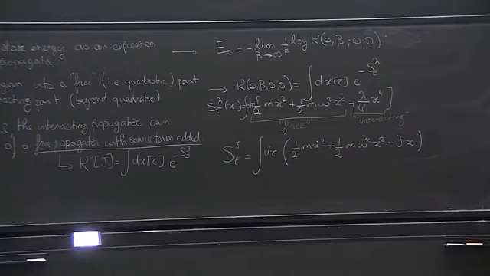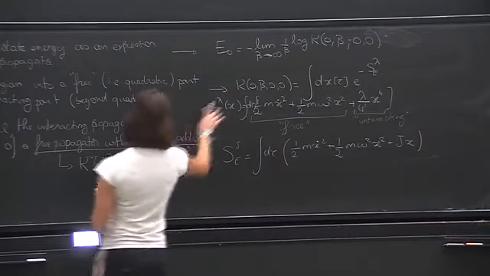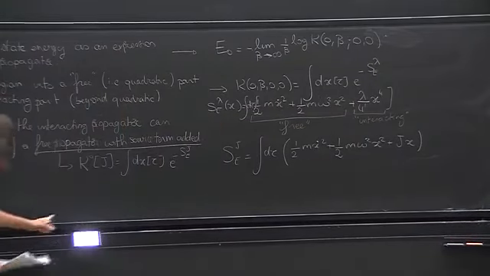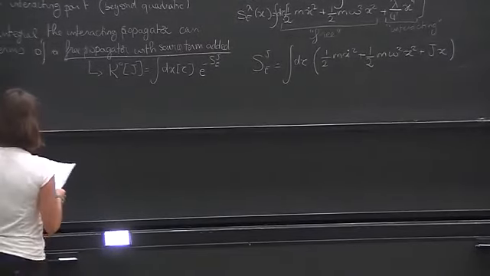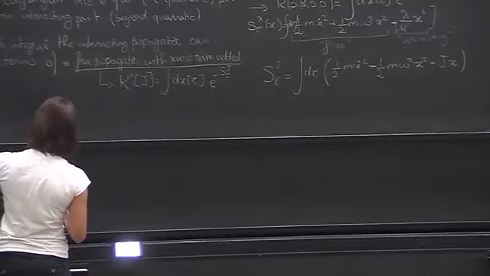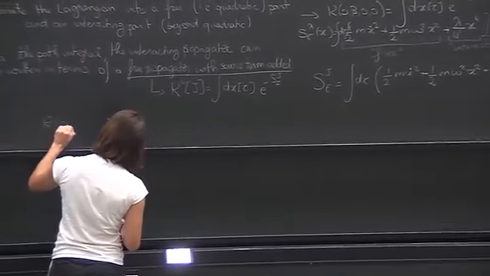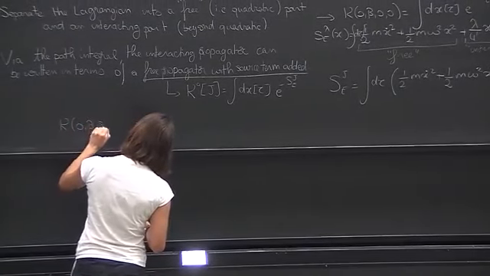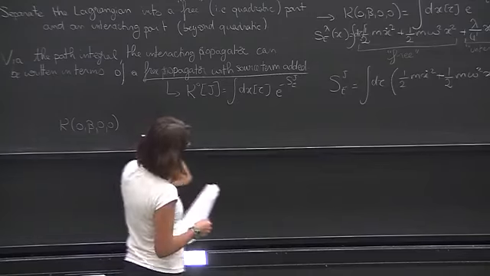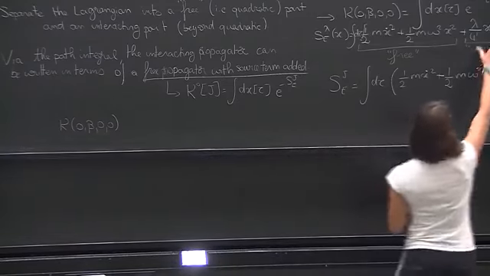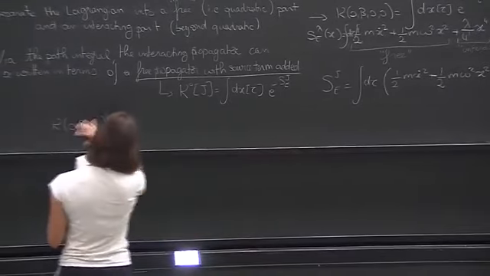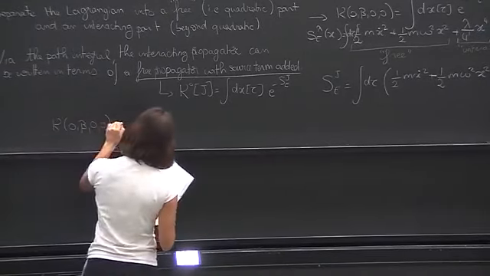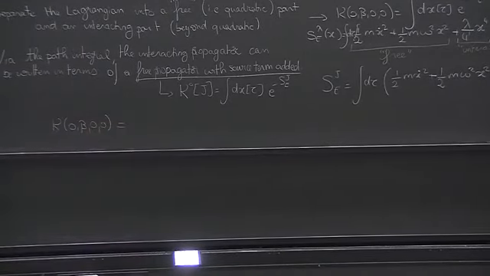And what was the relation between these two propagators here? We want to write this propagator, or in fact, the only interesting part we're interested in is this interacting part, but we can write the complete one. So how do we relate these two propagators?